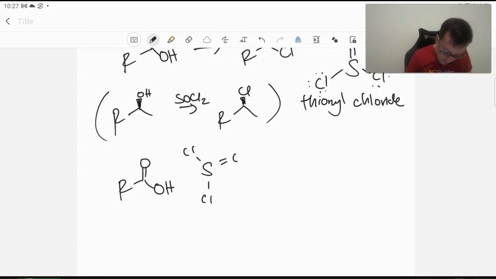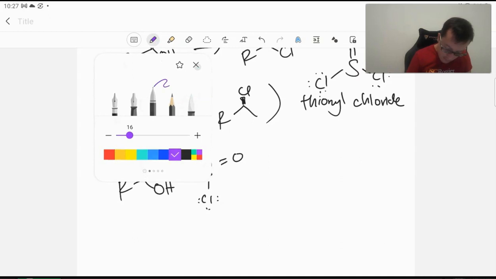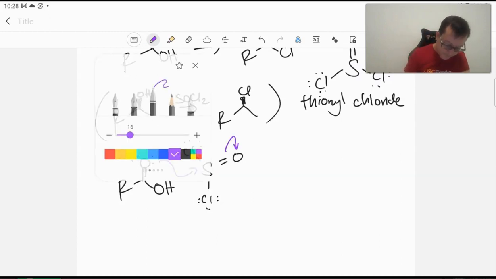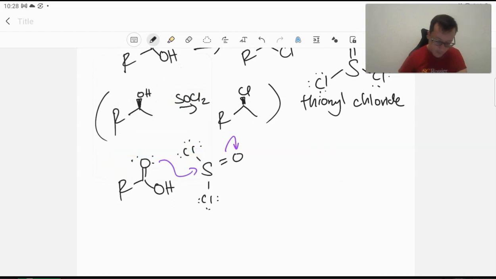There we go. First step, we're going to have our carbonyl attack. Opens this thing up. And let's go to the right this time.